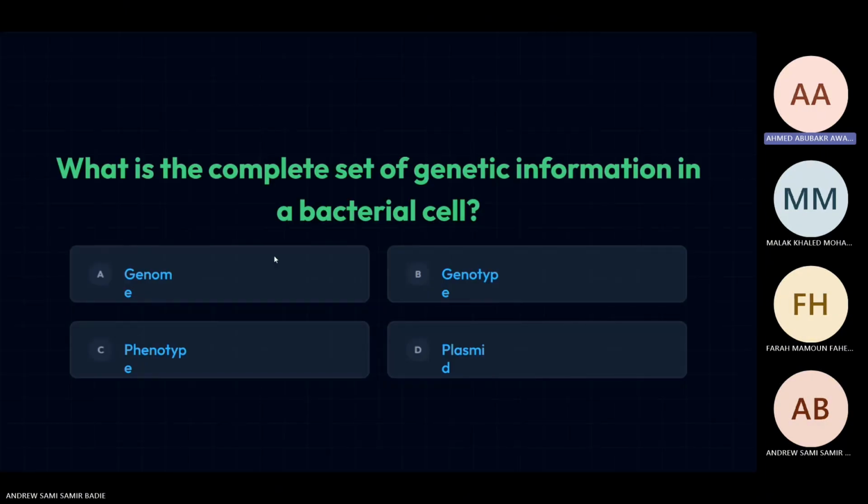What is the complete set of genetic information in the bacterial cell? We have A, genome, B, genotype, C, phenotype, and D, plasmids. So please pick an answer.